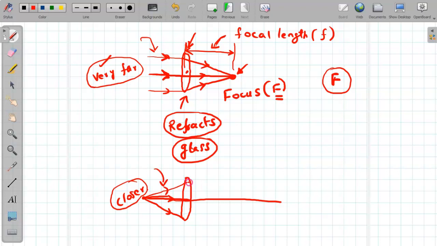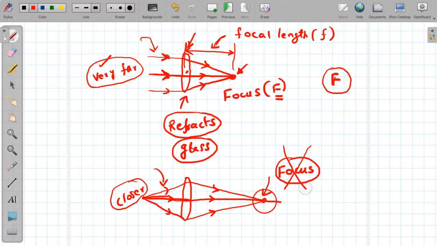All the light rays are joined or met at a certain point. The lens bends the light rays and focuses them at a point. But here I cannot say focus or principal focus, even though all the light rays are joined at this point, because the object is not very far.